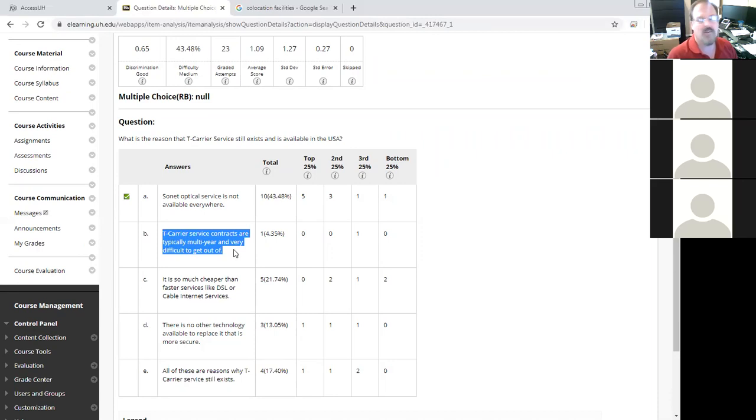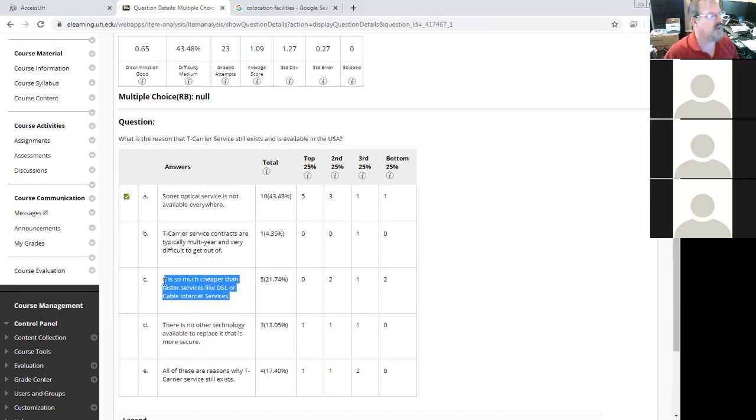The phone company doesn't want, I shouldn't say the phone company, the networking companies don't want to support T-carrier services anymore. It's legacy service. It's not cheaper and faster than DSL or cable. There are other technologies, assuming that you're in a big city like Houston, there are many other technologies available other than T-carrier service, and that's not the right answer either.